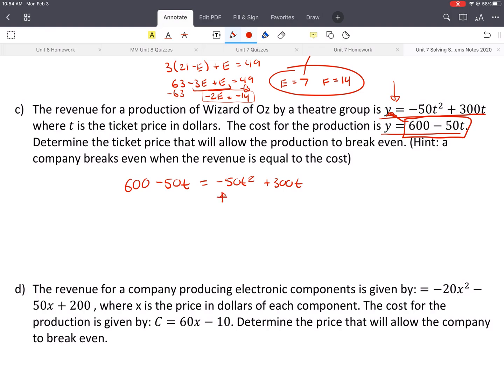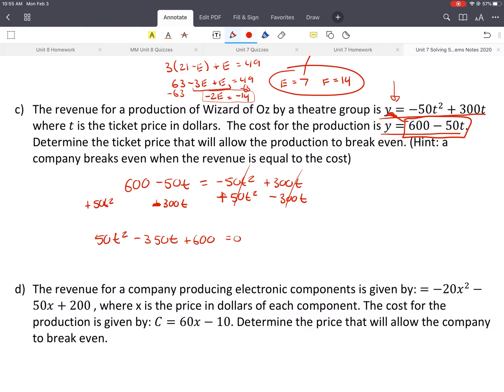So here I'm going to add 50t squared and subtract 300t on the other side. Those would cancel. And we'll get 50t squared minus 350t plus 600 is equal to 0.